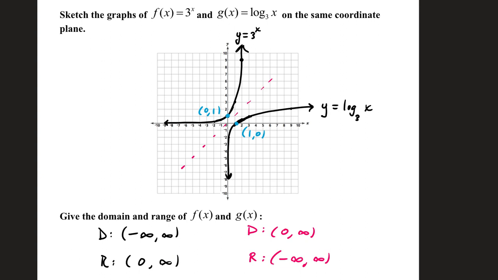The logarithm will be totally opposite. Its domain is only positive numbers, because when you type in log or hit the log button, if you type in a 0 afterwards or a negative, you get an error. It's a domain error. Logarithms are only defined for positives. So the domain of a logarithm is positive numbers.